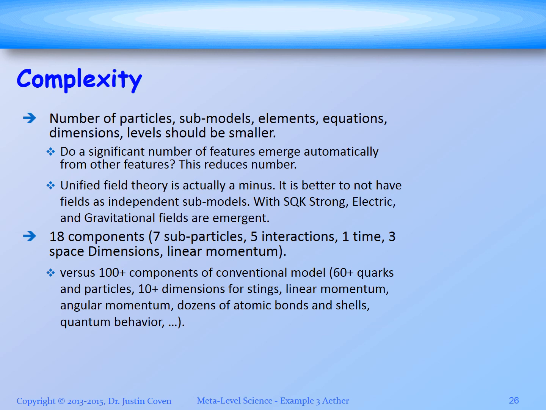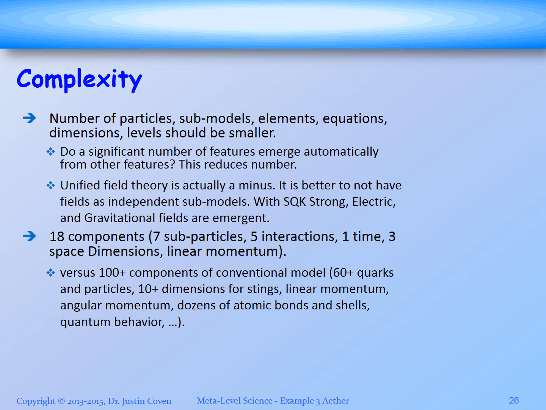Within subquantum kinetics, there are 18 components, 7 subparticles, 5 interactions, 1 time and 3 space dimensions, as well as linear momentum. This is versus hundreds of components of the conventional model.